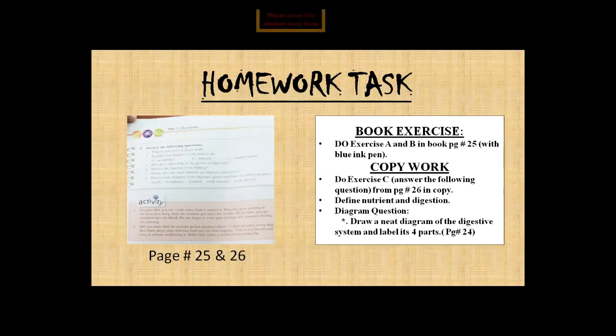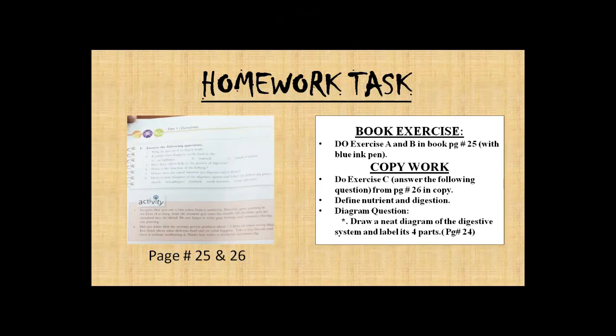Exercise A is fill in the blanks using the correct words from the box. The options are given at the top of the blanks. And B is the MCQs. There are 7 MCQs in your book on page number 25. You should fill in these MCQs and blanks with a blue ink pen.